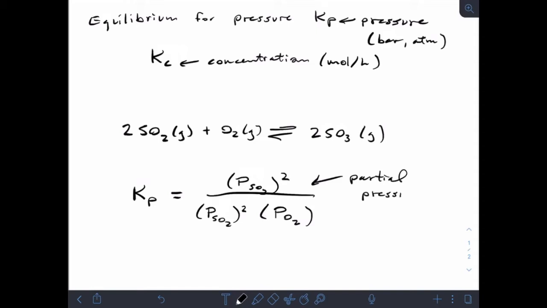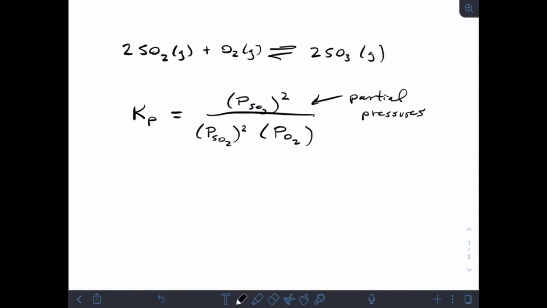This is all well and good, but what if we have information related to concentration? We actually quite often need to go back and forth between Kc and Kp. So we have a conversion.